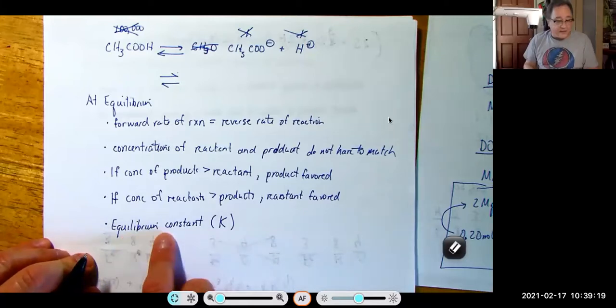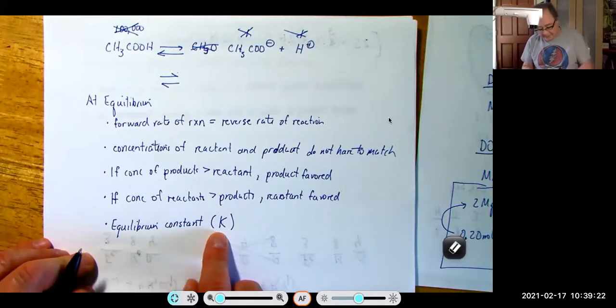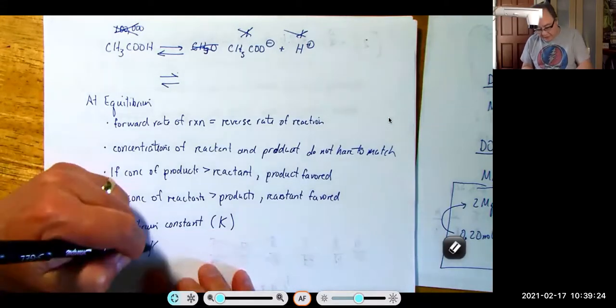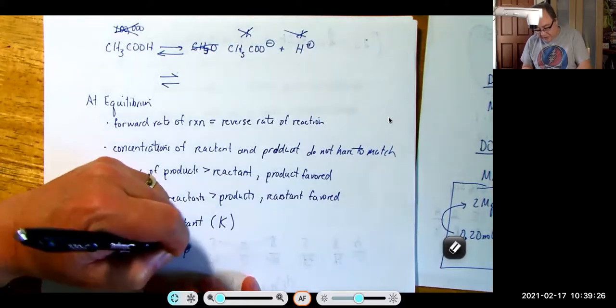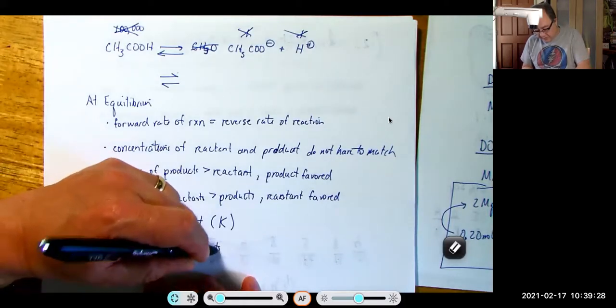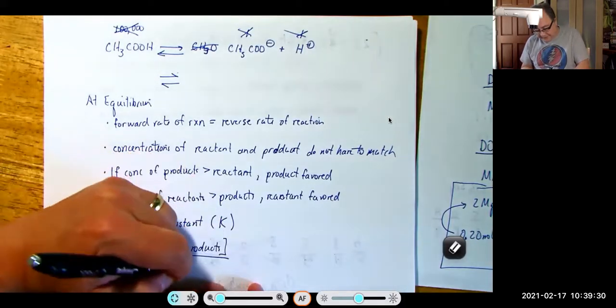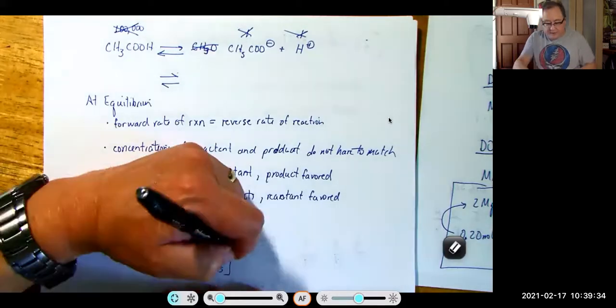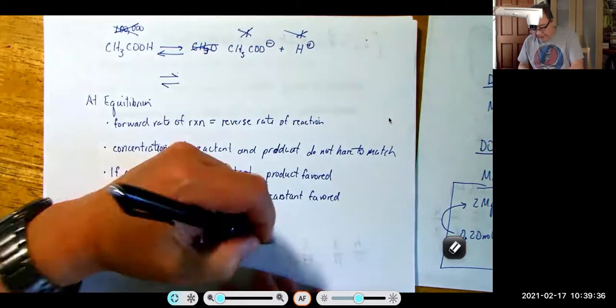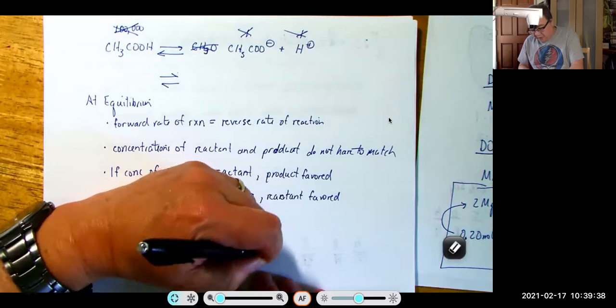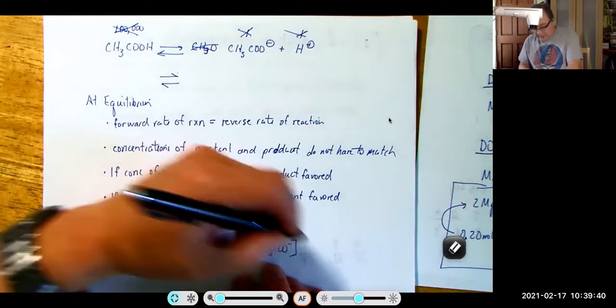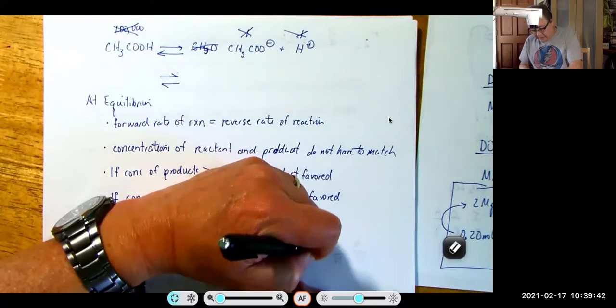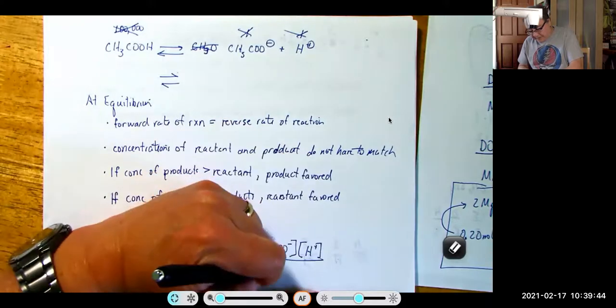Equilibrium constant is given the symbol K, and K is equal to products over reactants. So in the above, it would be the product times the product over the reactant.